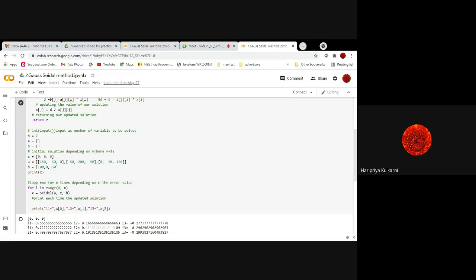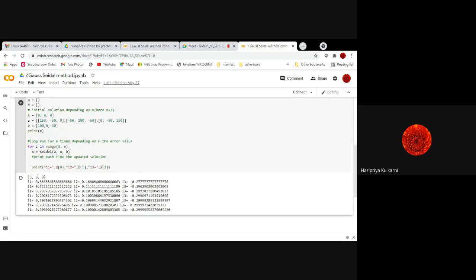Likewise it will make 7 iterations because we have put the number of iterations as 7 here. And we can calculate the final answer. I have already run the program, and these are my answers. At the end of the 7th iteration, I am getting the values 0.7, 0.1 and minus 0.3.